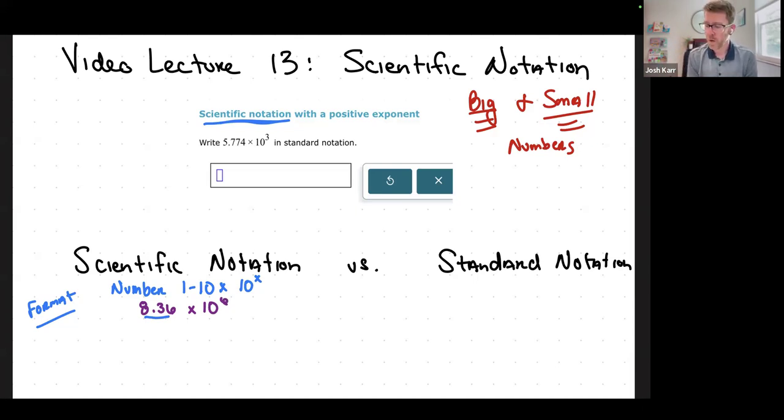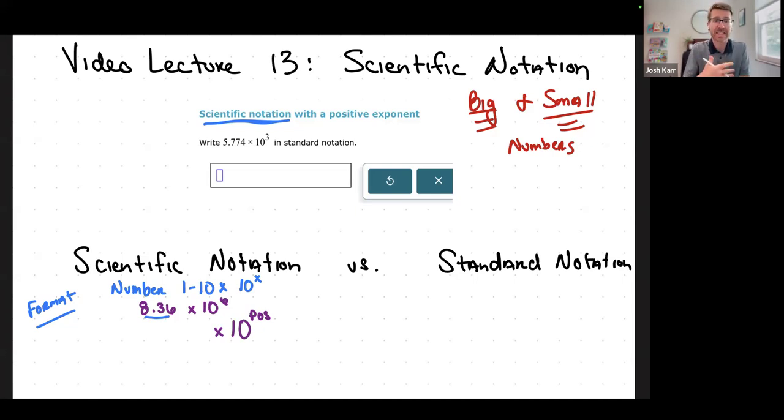So that's an example. What I want to build off of is stuff that we talked about last time. If we have, right, I want to focus on this second part, this times 10 to the 6th power. So if we had 10 and it's any positive number, right, a positive exponent, for example, a 6, is that 6 going to produce a big number or a small number?